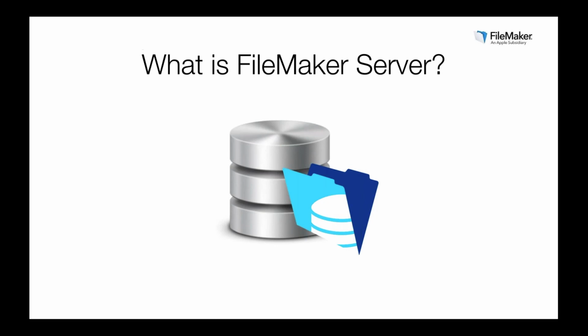First, FileMaker Server. FileMaker Server is actually software for managing and sharing all of our custom apps that can then be accessed from desktop computers like Mac and Windows using FileMaker Pro. They can also be accessed from mobile devices like iPhones and iPads using FileMaker Go, as we saw earlier. And I can even access these custom apps from a web browser using FileMaker WebDirect technology.